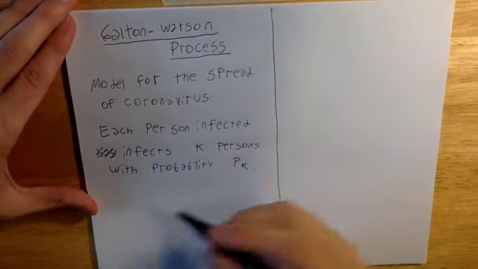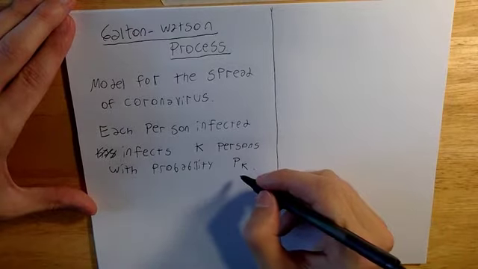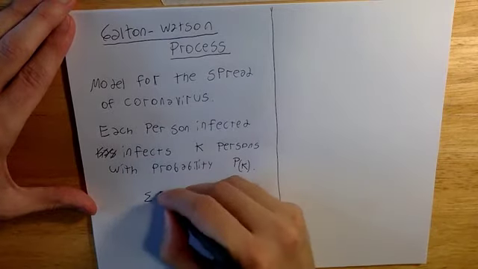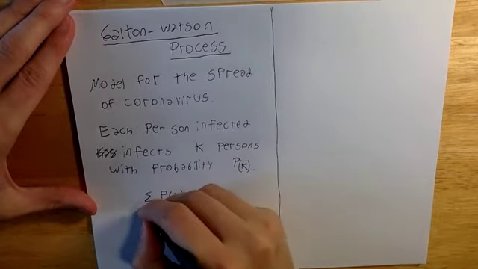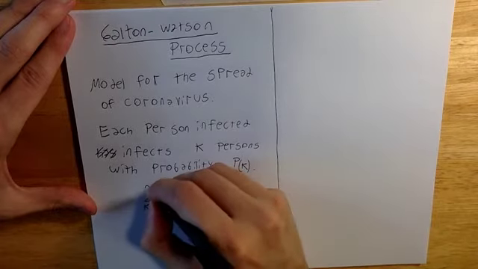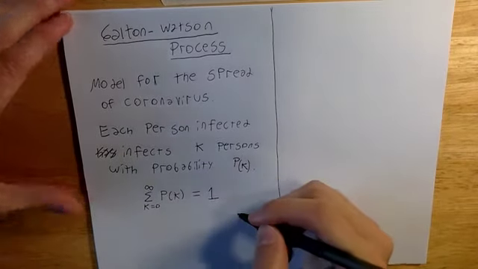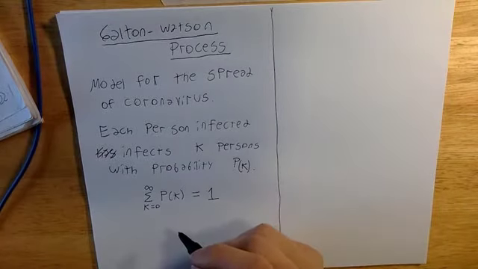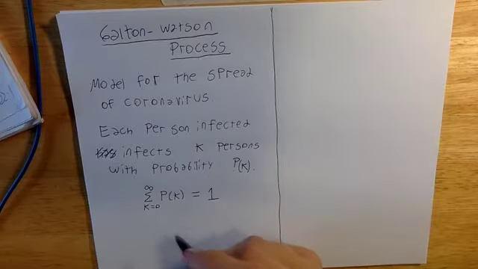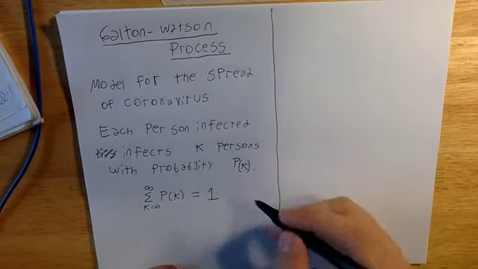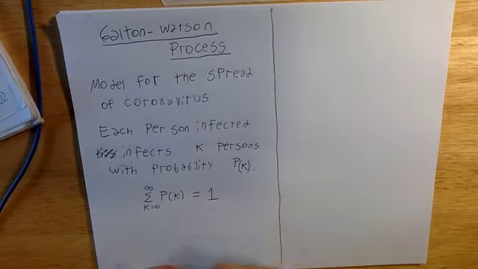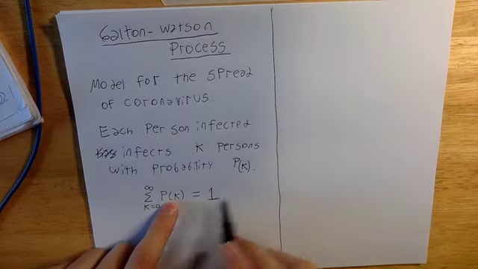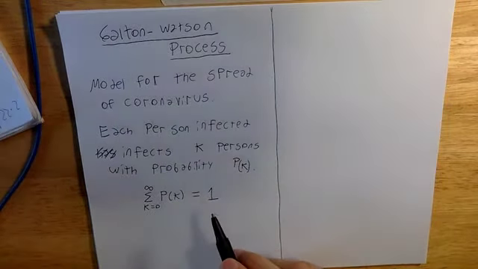And this probability pk, the sum of pk with k equal to 0 up to infinity, is going to be equal to 1. So this is a distribution. This p of k is a distribution defined by the values of the probability of infecting k people at any given time.